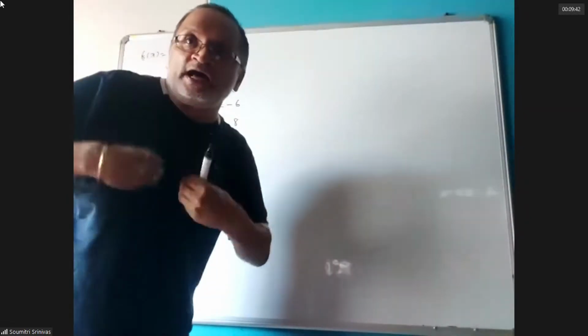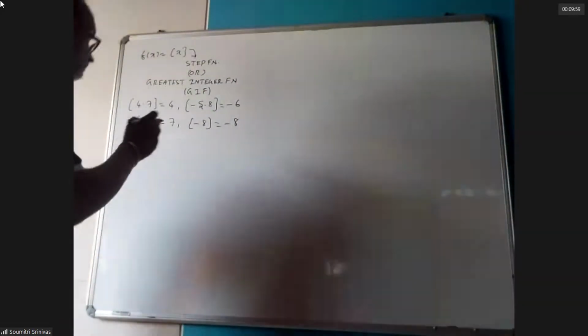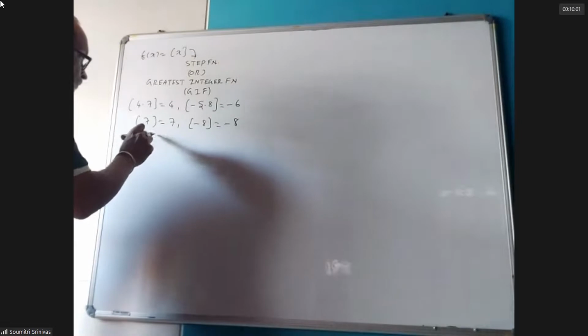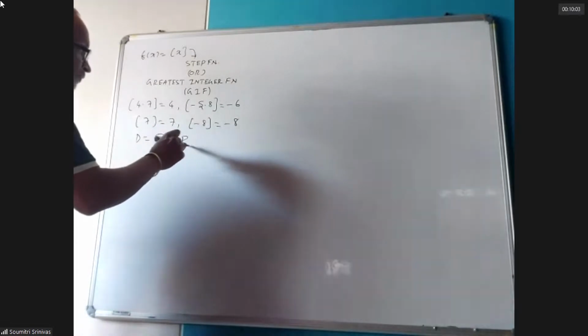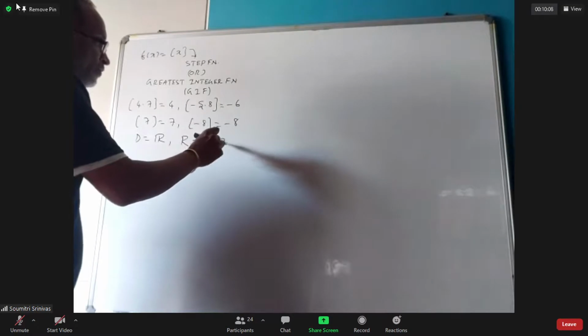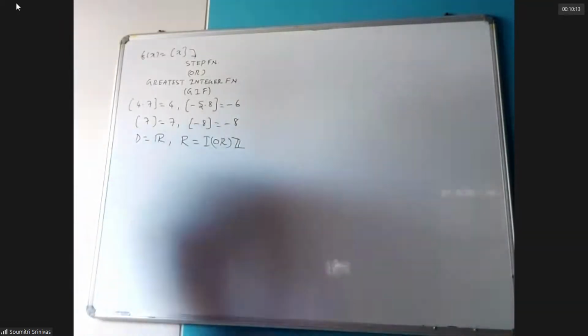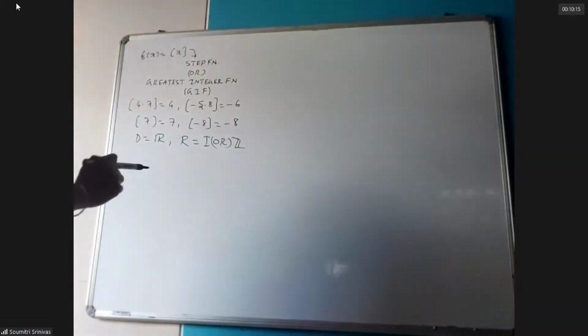It accepts all real numbers, and gives only integers. Hence we say domain is R, range is integers, I or also Z. Why the name step function?